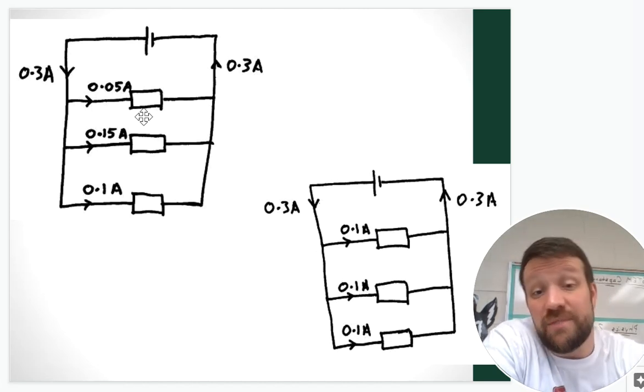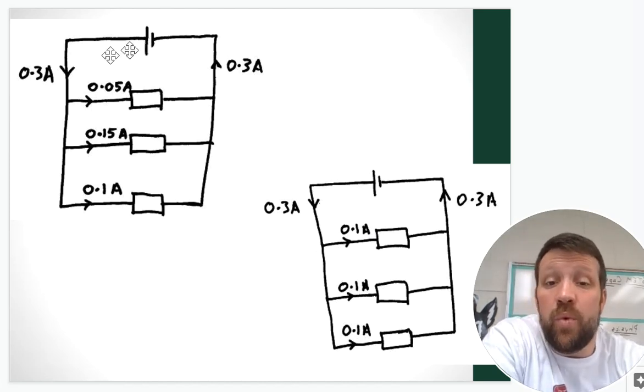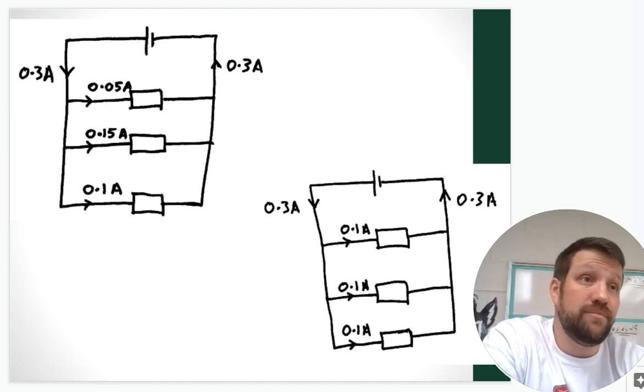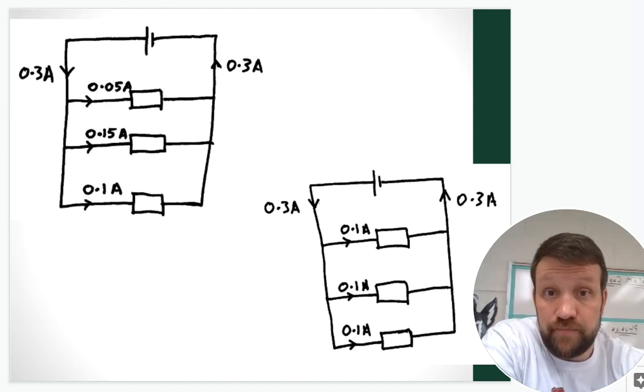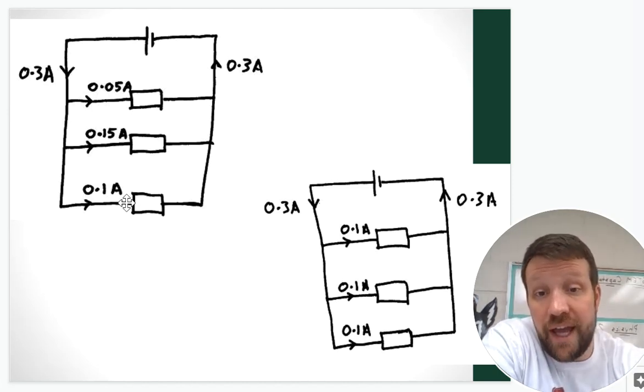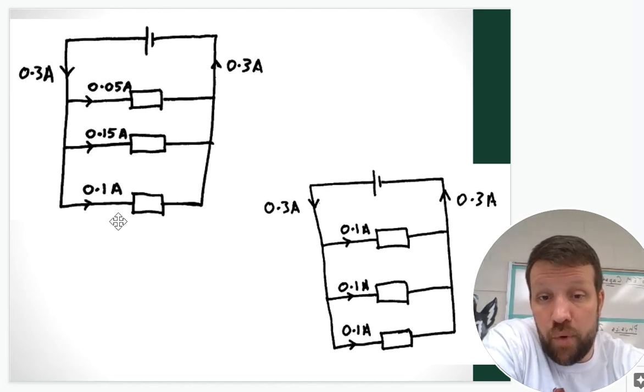In the case here, which is much more realistic, maybe this is like a surge protector, something like that, right? Where you have 3 different devices plugged in. Well, the total current is still going to add up to what we had before. So you see we get 0.2 and then 0.3. It's just broken in different values as it moves through and then comes back together here.